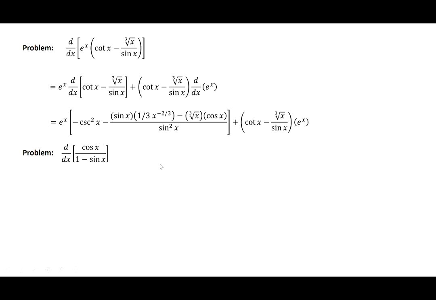Simple, straightforward, I think. This should be easier than the previous problem. We're applying the quotient rule: denominator times the derivative of the numerator minus numerator times the derivative of the denominator, over the square of the denominator.